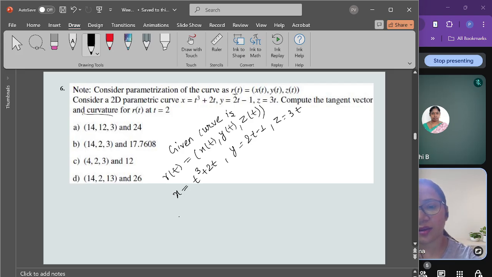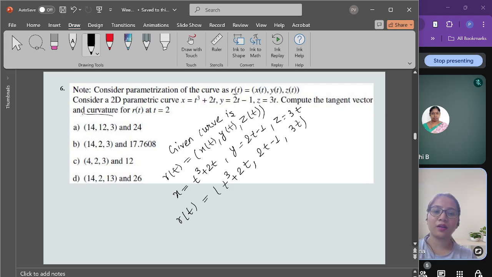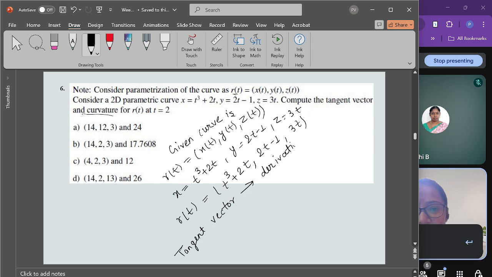Or we can represent r(t) as t cube plus 2t, 2t minus 1 and 3t. Now to find the tangent vector, we have already seen that the tangent vector is the derivative of r(t). So first we will find the tangent vector, which is the first derivative of r(t).